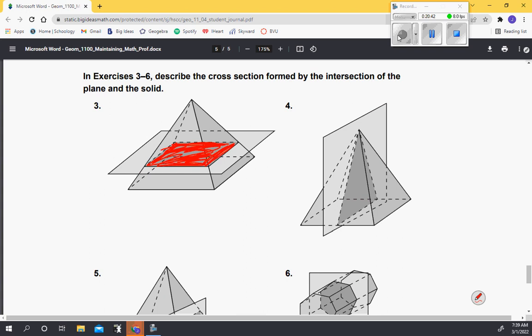It looks like it is a square. The cross-section on the next one is a shaded thing here, which is what polygon? It's a triangle.